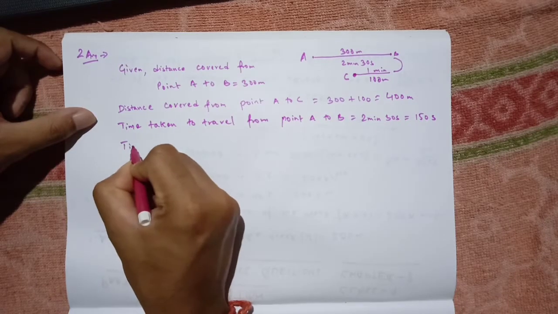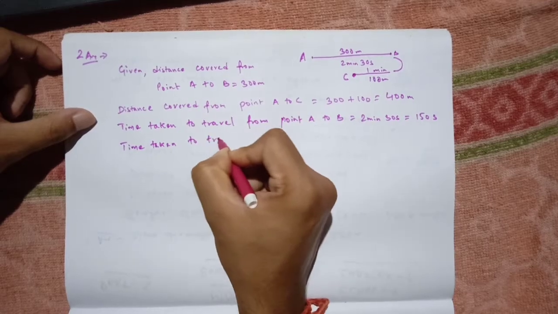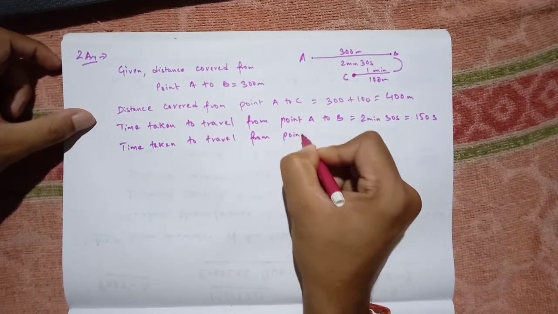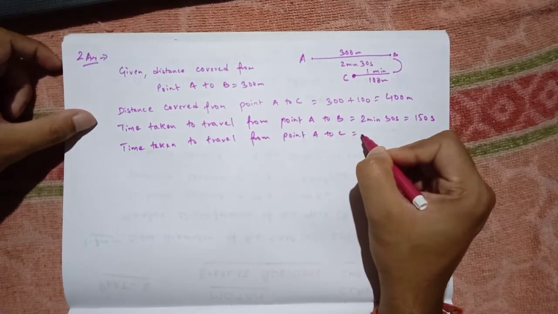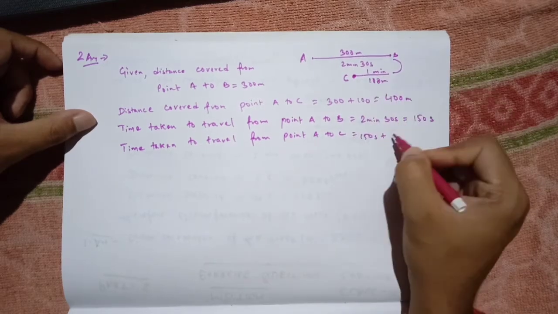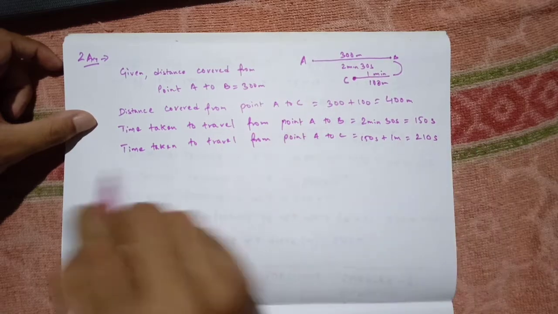Now the time taken to travel from point A to C is 150 seconds plus 1 minute, which is equal to 210 seconds.